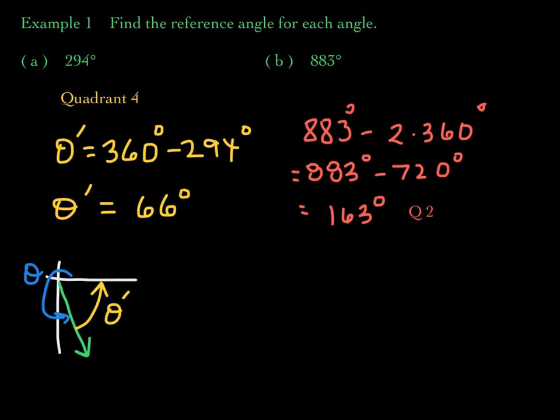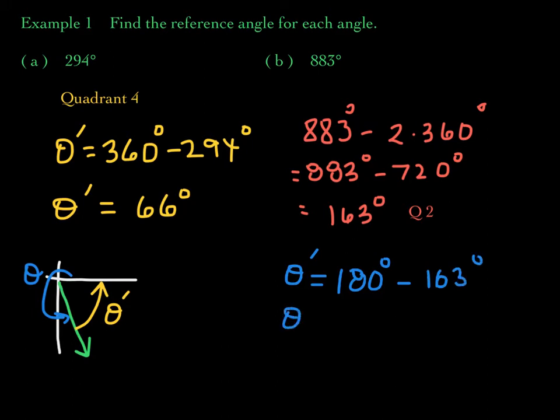Because it's in quadrant 2, you and I will find the reference angle by subtracting theta from 180 degrees. All right, let me show that now. So theta prime, the reference angle, would be equal to 180 degrees minus 163 degrees.